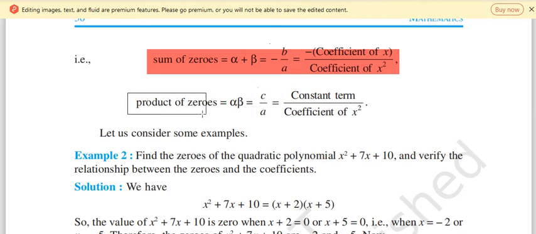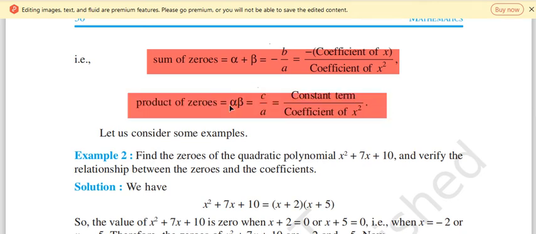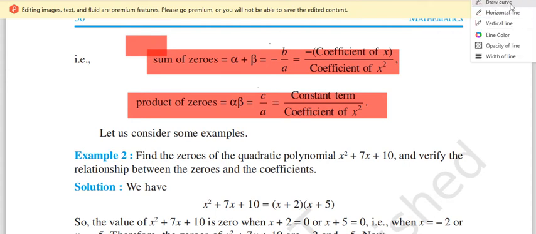And the product of the zeros, alpha into beta, equals c by a, the constant term by the coefficient of x square. These are the two relations between the coefficients and the zeros of a quadratic polynomial.